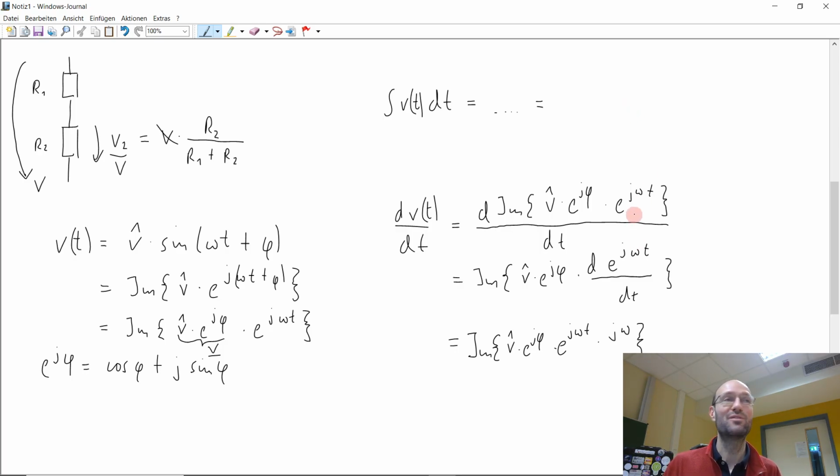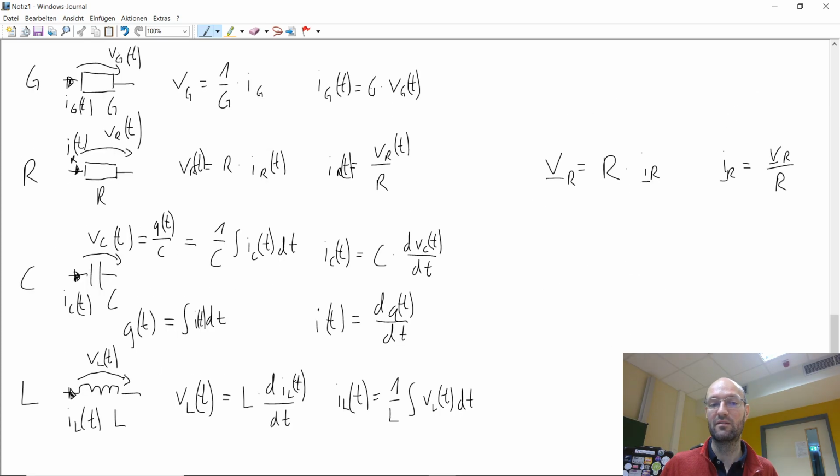It's the exponential function once again, and then divided by j omega. So we end up with the imaginary part of the amplitude multiplied with the complex phase function, multiplied with e to j omega t, and then we divide by this inner derivative of the exponential function. So time derivative means multiplication with j omega, time integral means division by j omega.